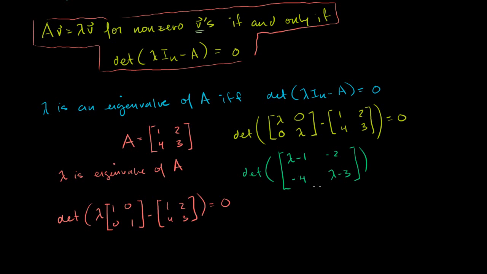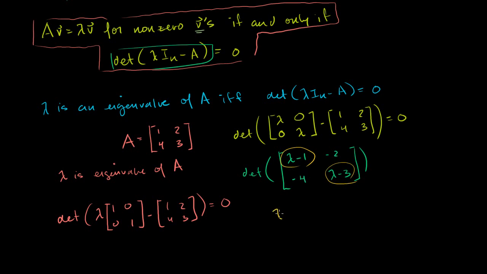So kind of a shortcut to see what happened: the terms along the diagonal, everything became a negative, right? We negated everything. And then for the terms along the diagonal, we've had a lambda out front. That was essentially the byproduct of this expression right there. So what's the determinant of this 2 by 2 matrix? Well, the determinant of this is just this times that minus this times that.